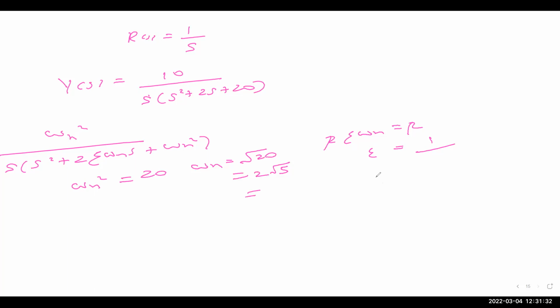Root 5 is somewhere 4.4721. So we can just simply divide 1 by 4.4721 to find our theta, which is equal to 0.2236. So this is once again an underdamped system.